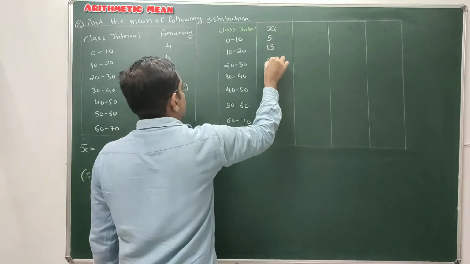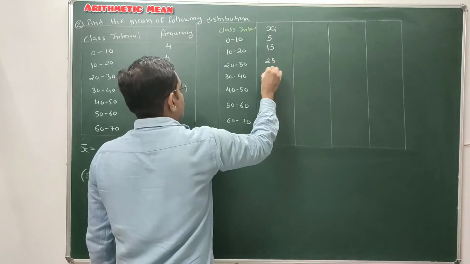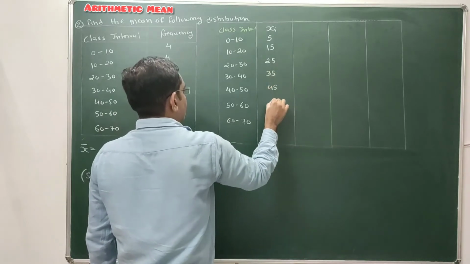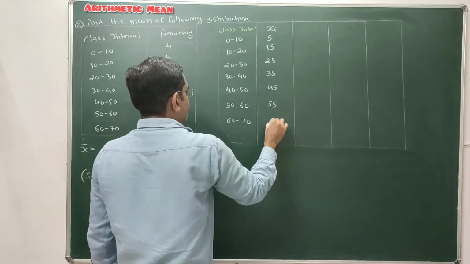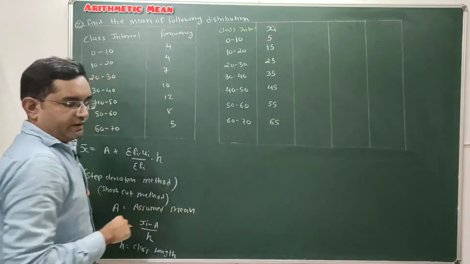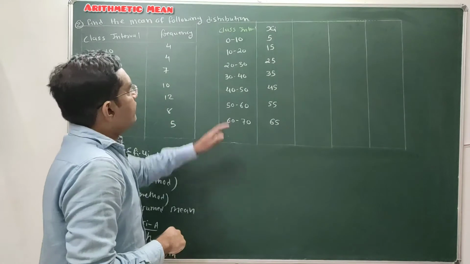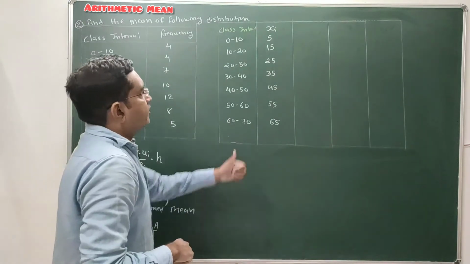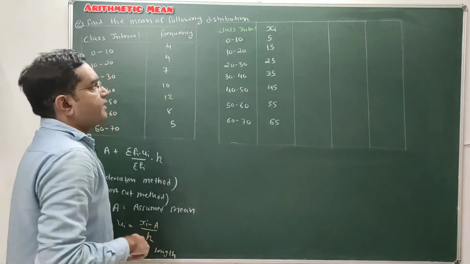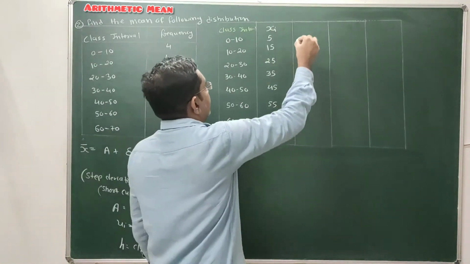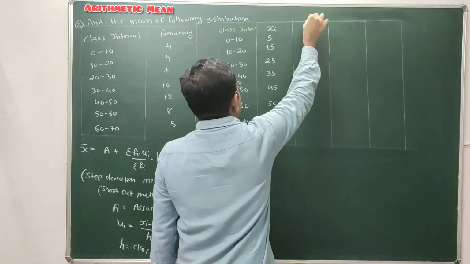For this one 25, for this 35, 45, 55, and this one is 65. Done. So the first column is class interval, the second column is xi. Xi means class mark. Now we have to write the frequency, that is fi.